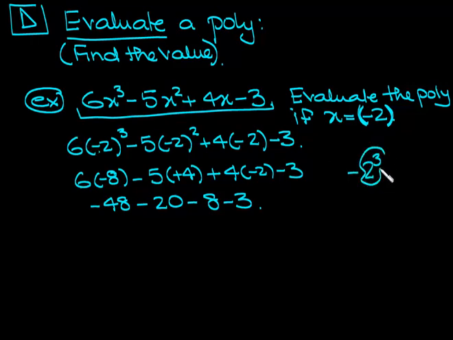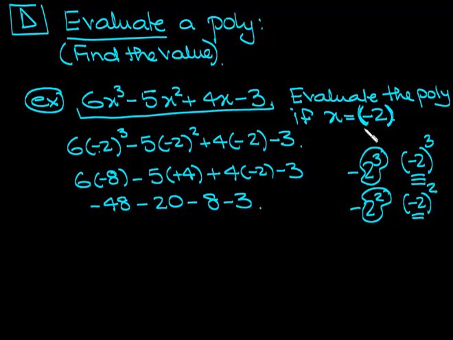This would mean I'm just cubing the 2, or when I have the squared, it would mean I'm just squaring the 2. But by putting the parentheses, we are saying that this is my base, that's what I want to cube. This is my base that I want to square. So it's important to always do that. If you have a negative number, put parentheses before you push that into the expression.